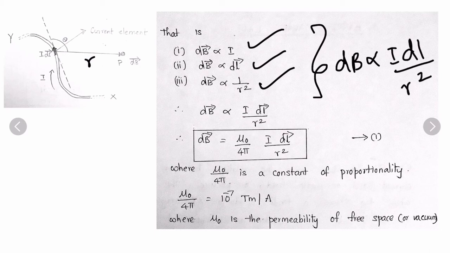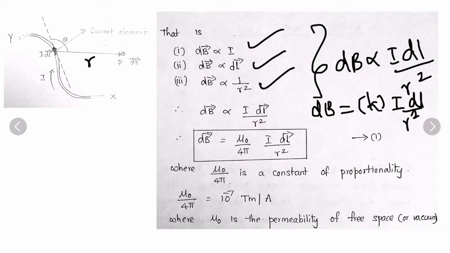In physics, after proportionality, we always write an equal sign with some constant, then I dl by r square. In all our physics formulas, we use the same notation. First proportionality comes, then we put an equal symbol and then a constant and then write the terms.